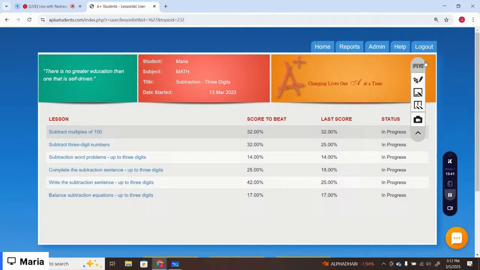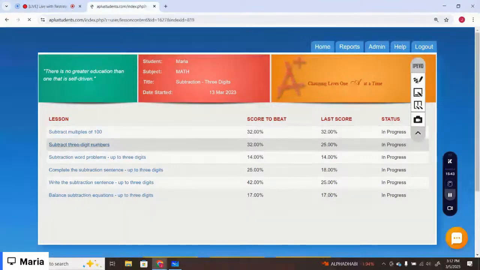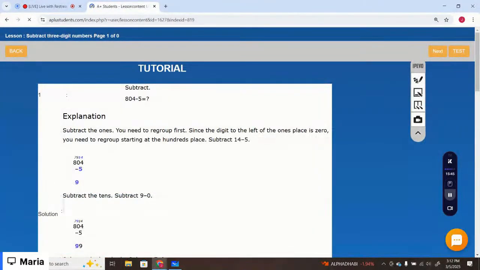The next lesson is subtract three-digit numbers. We already know how to subtract the digits, right? Because we have already finished subtracting one digits and subtracting two digits.